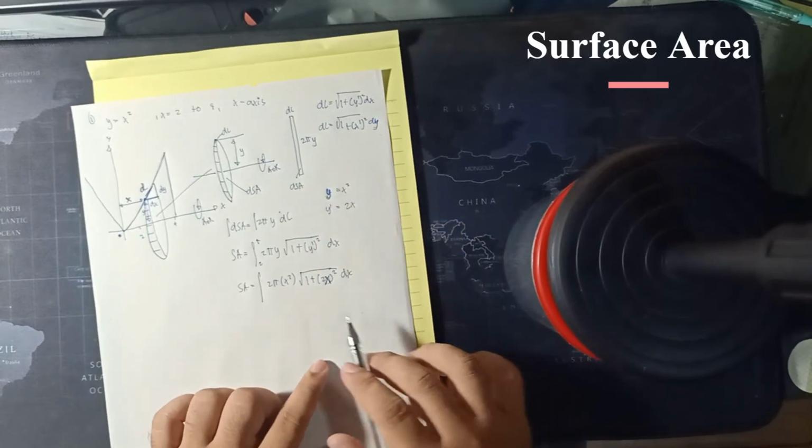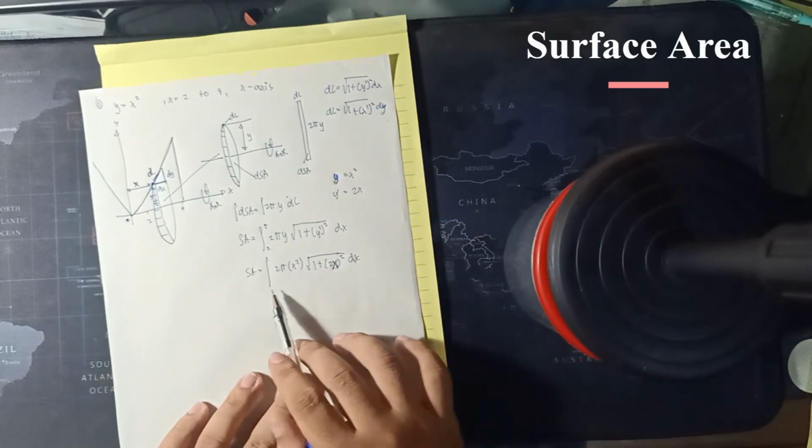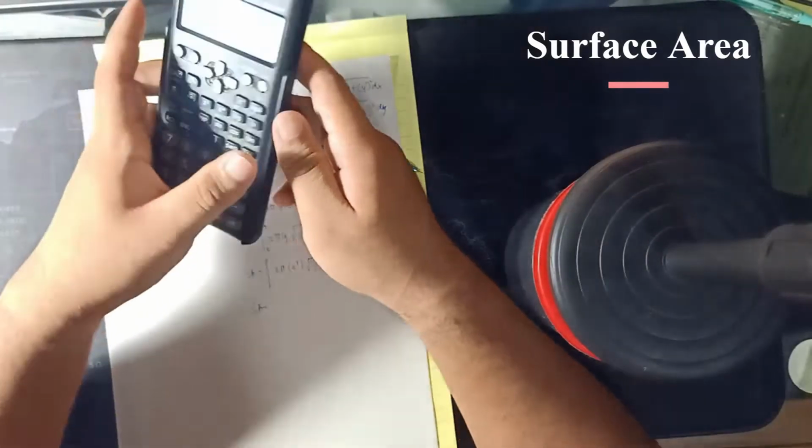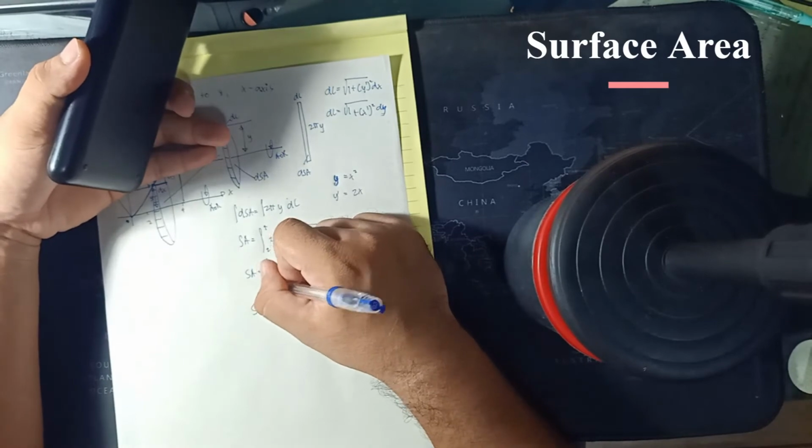And so from this point on, you could now input this in your calculator. So the surface area, and don't forget the limits, silly.